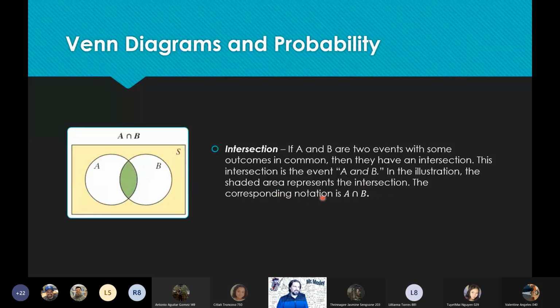The corresponding notation is A intersect B. This little curve represents "and" or intersection. So you can read this as A and B or A intersect B. Okay, so this is a new notation.